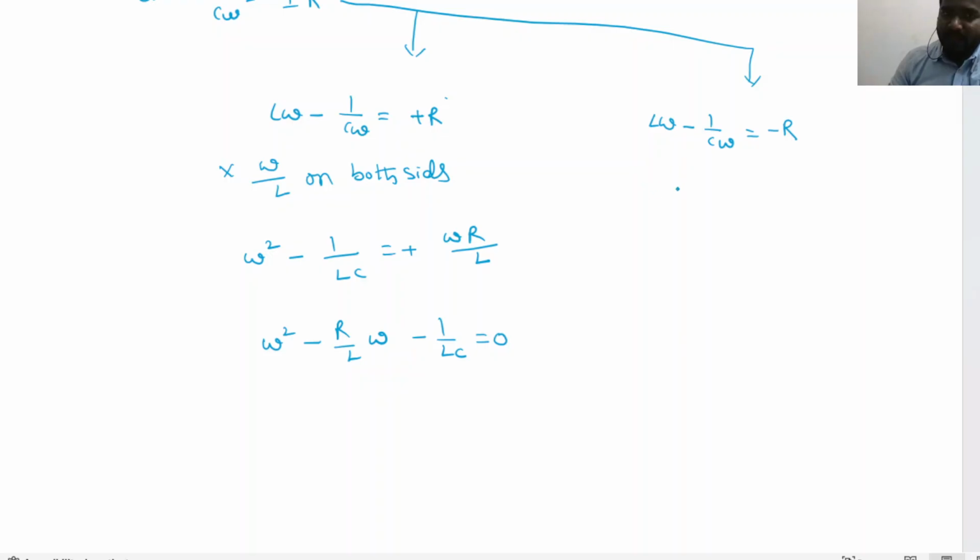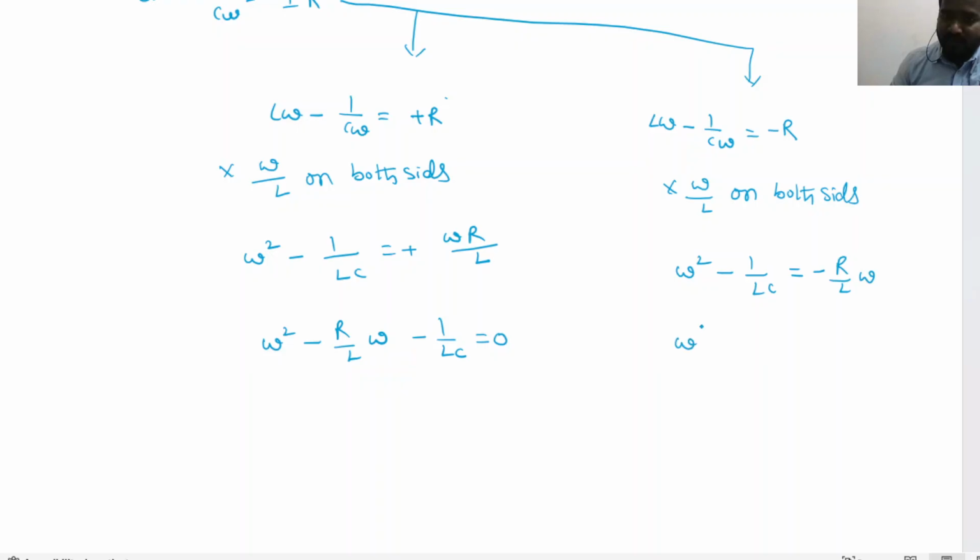And here also you can multiply with omega divided by L on both sides. So here you get omega square minus 1 upon LC must equal to minus R divided by L times omega.